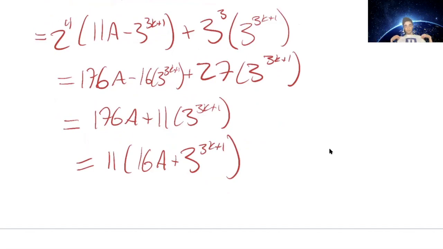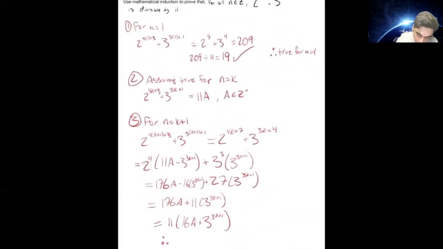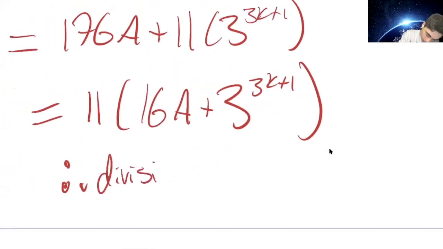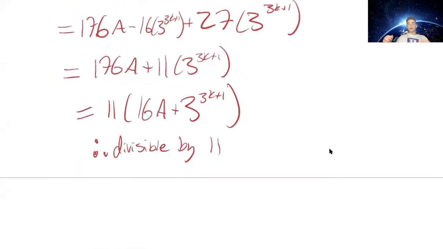That's it. We can write our story now, which is, therefore, divisible by 11. I'm not going to write it, but on your paper, you could say: as n equals 1 was proved true and n equals k was assumed true, then n equals k plus 1 was proved true.